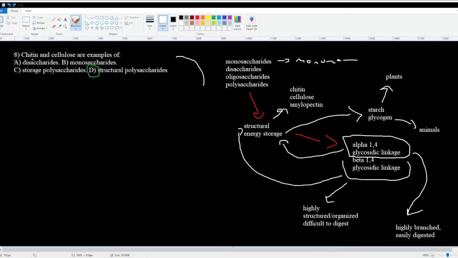We're not even concerned about mono or disaccharides because these are not those, right? And we're talking about polysaccharides, and they're not going to be storage polysaccharides because there's only two of those: starch and glycogen, right? So that's question 8.